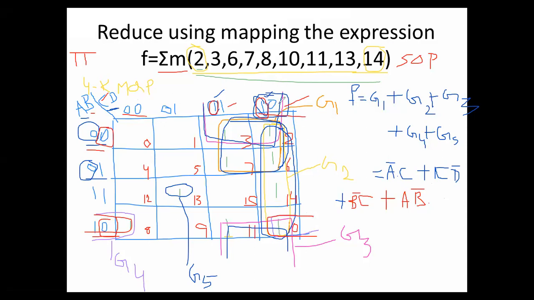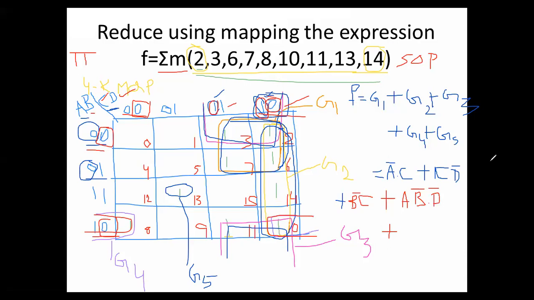Which is common here? This 0 and here also this 0. So this 0 belongs to which variable? D variable. D equal to 0 means what is the representation? D bar. Plus group 5.